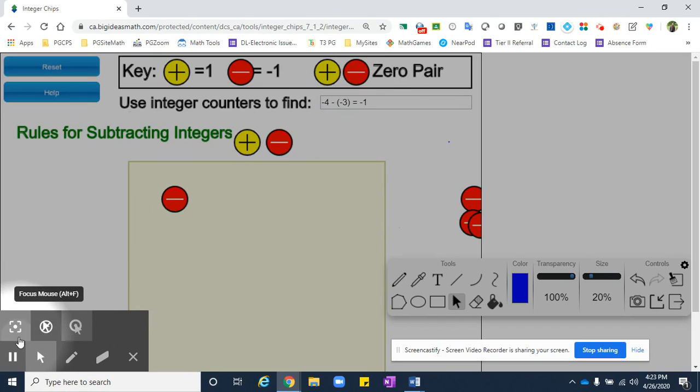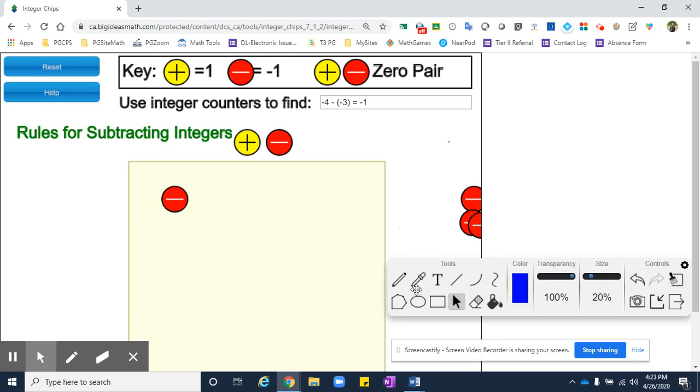Now, let's check this. Let's see if our pattern is right. What we're saying is subtracting is the same thing as adding its opposite. So we're going to subtract -4, and subtracting is the same thing as adding its opposite. What is the opposite of -3? Which is a +3.